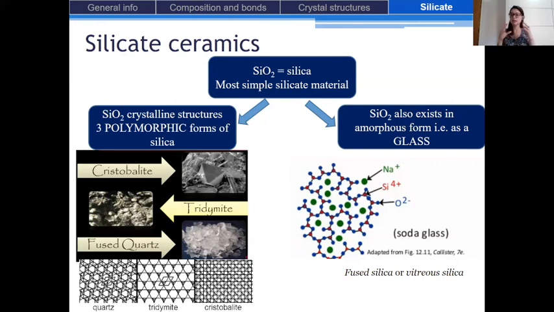But in any case, we find a very compact network, which is responsible for the low density of crystalline silica, even in the crystalline form. On the other side, we have the amorphous form of silica, which is also known as glass. In this situation, we have disorder of these tetrahedrons.